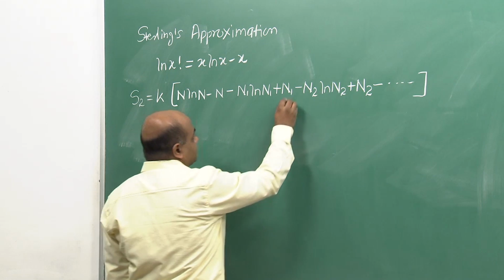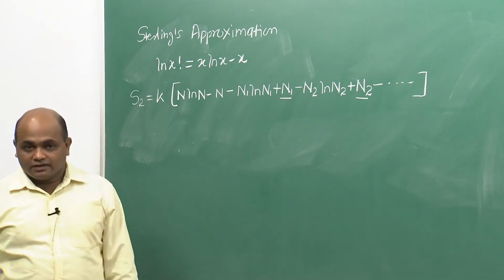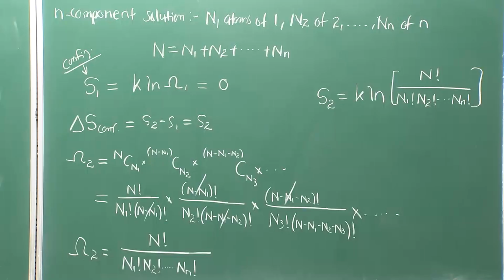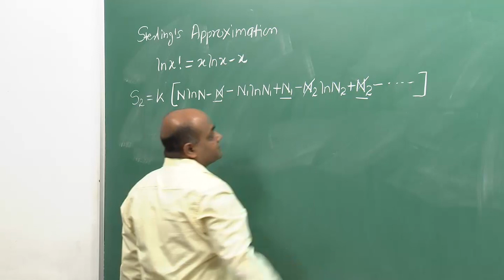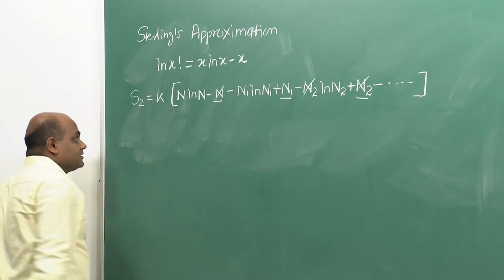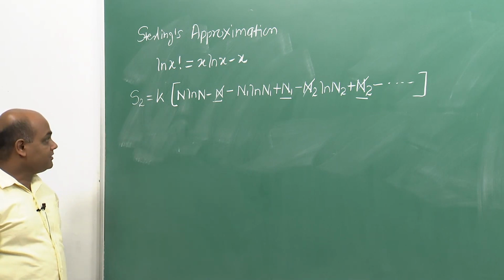So, now we can see these terms n1 plus n2 plus n3 till nn add up to number n, and so this will get cancelled, and n again can be written as n1 plus n2 plus n3 till nn.